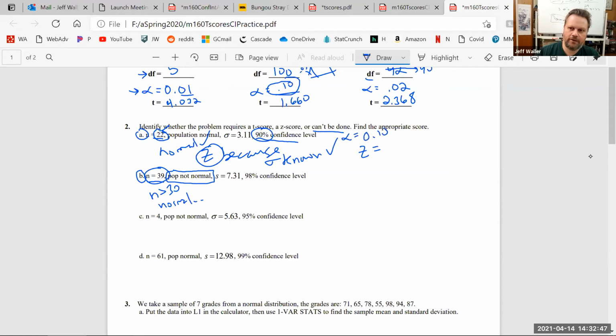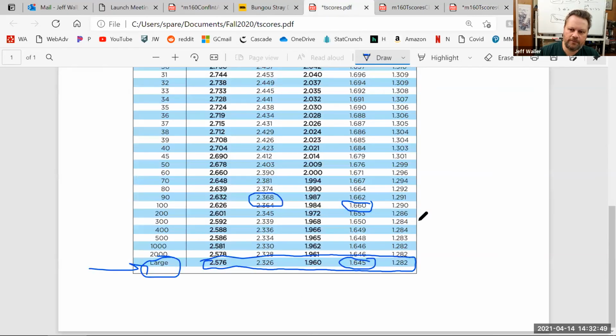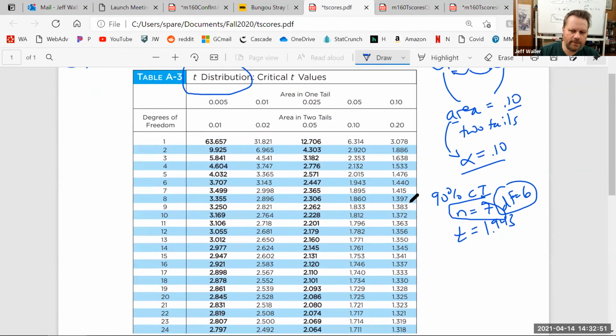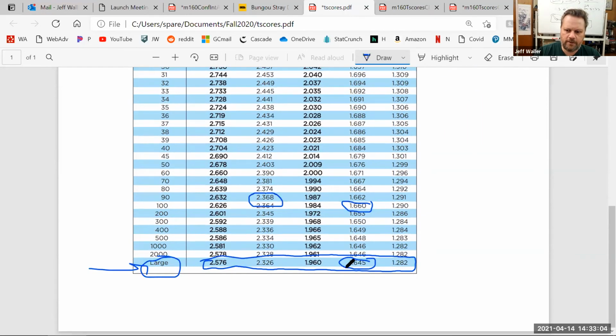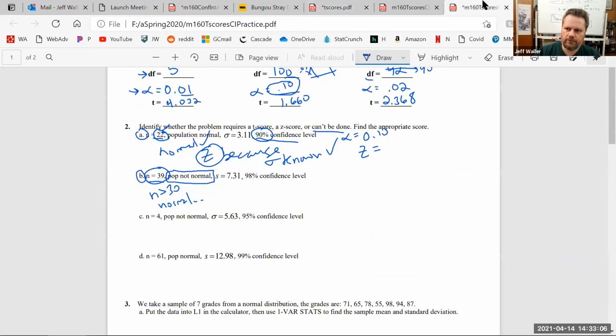I love it. So when I go to the t-score chart, at some point somebody will ask, we want a z-score, why are you looking at the t-score chart? Well, because z-scores live here too. So for 0.10, I go here, and to get a z-score, I just go all the way down. And there it is, 1.645, just like you said.